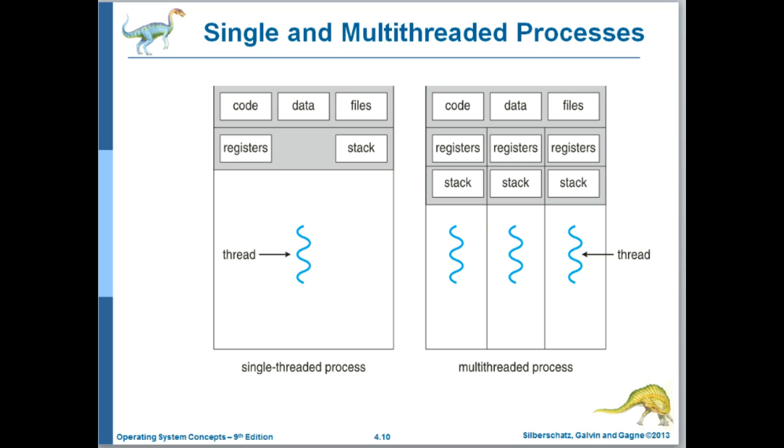And then on the right, a multi-threaded process. You can see that each thread has its own execution stack and its own set of registers. So when creating a new thread, all we have to allocate is an execution stack and storage for the registers when the thread isn't running.